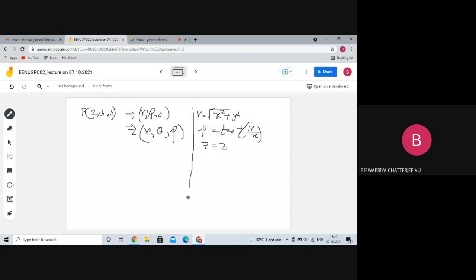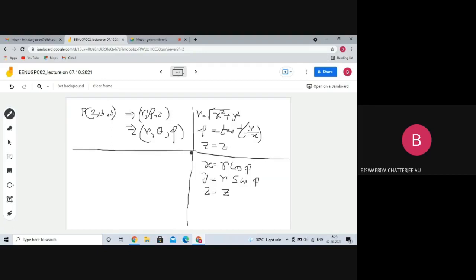And for the reverse, x is equal to r cos phi and y is equal to r sin phi. By using these formulas, you can convert any point from Cartesian to cylindrical or cylindrical to Cartesian.